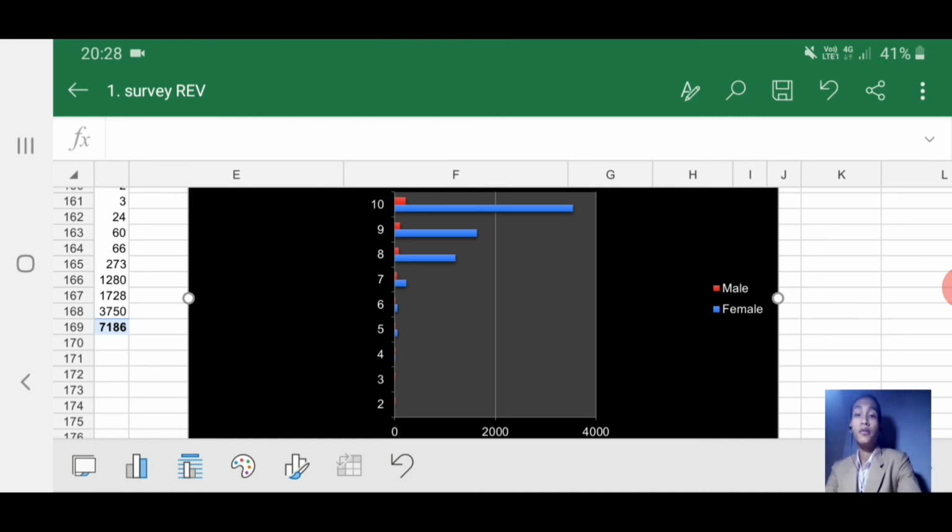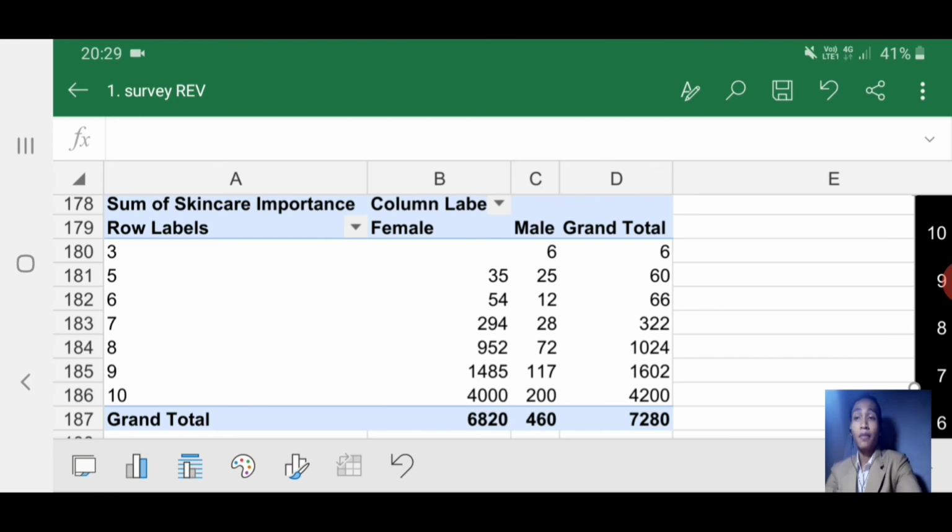Alright, moving on. Okay, so this is the skincare importance. This rates how important skincare is to the customer, how valuable skincare is to the customer. The scale ranges between 1 and 10, where 3 is not satisfied and 10 is the most satisfied.